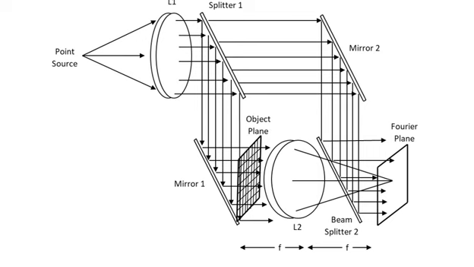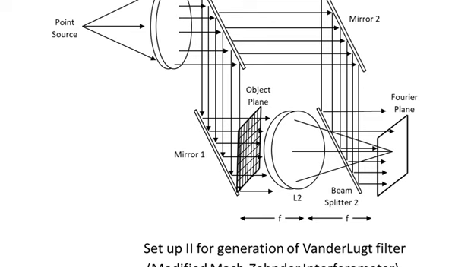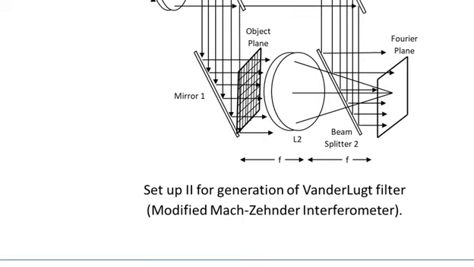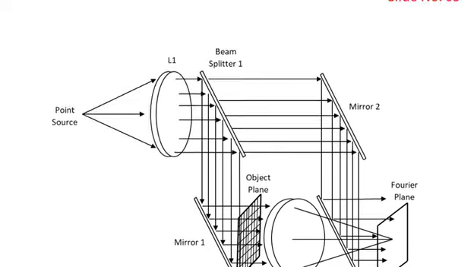These two beams interfere at the Fourier plane, but you need to develop the exposed photoglass plate and then dry it, and then that will act as a Fourier transform hologram.